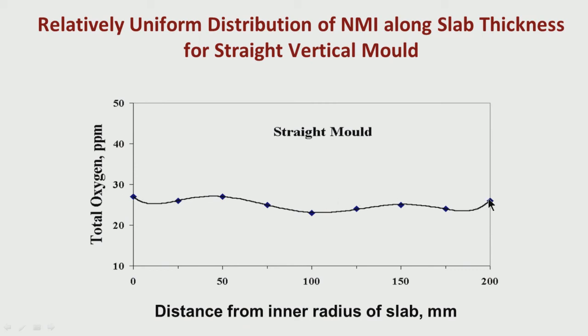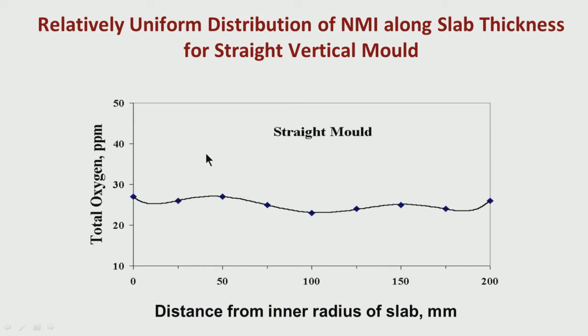Throughout the thickness we wanted to see the distribution of cleanliness, the distribution of non-metallic inclusions. So, total oxygen gave an indication that for a straight vertical mold, from the inner radius area to the outer radius area, the inclusions are more or less uniformly distributed.